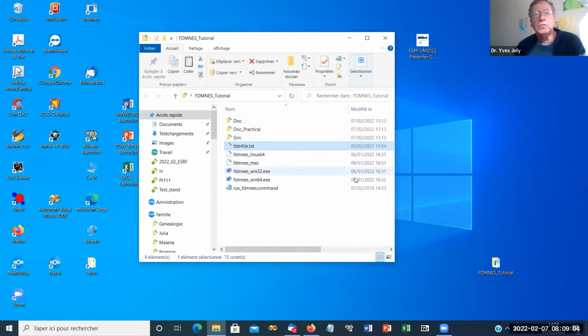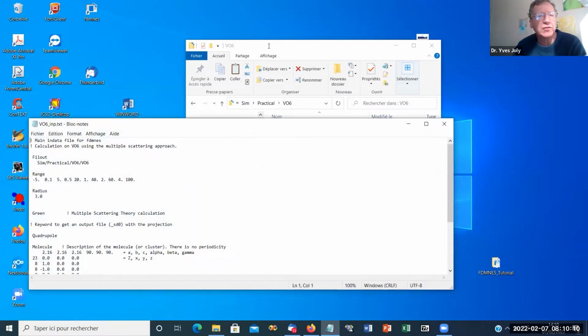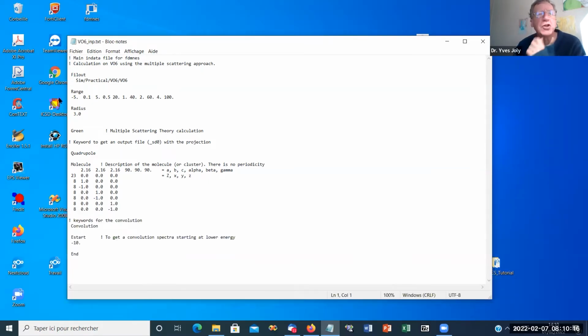Okay, now, this was in the simulation and in the practical, I hope. So the data file is this one, very close to what you saw just before. The energy range is not exactly the same, but it will go up to 100. You can see I can use different steps and I'm increasing the step each time.